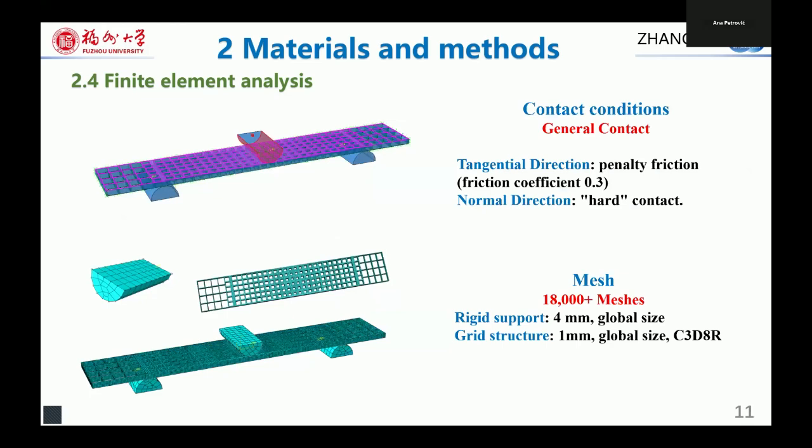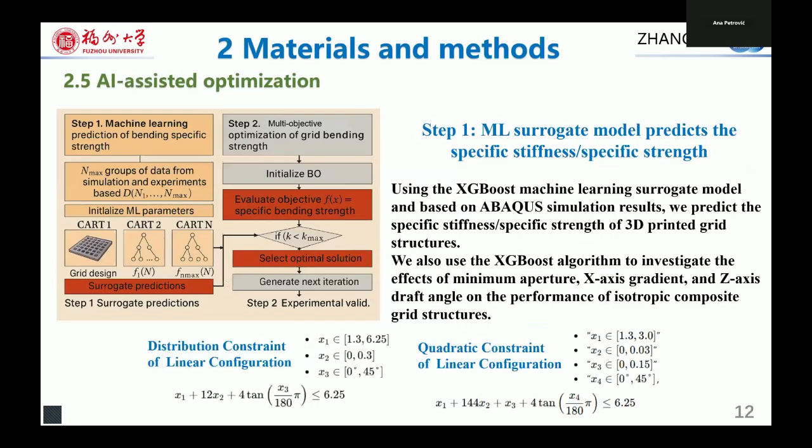And we also use general contact, and in each model, there are more than 18,000 elements. It should be noticed that the global size of the grid structure is 1 millimeter, and C3D8R elements were adopted. And then we use AI-assisted optimization to get the final structures.